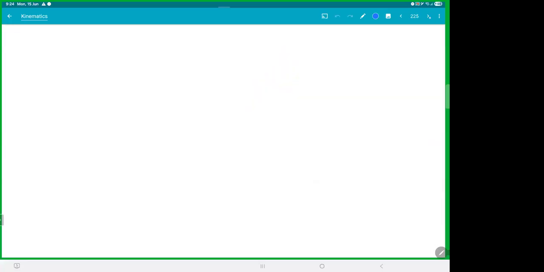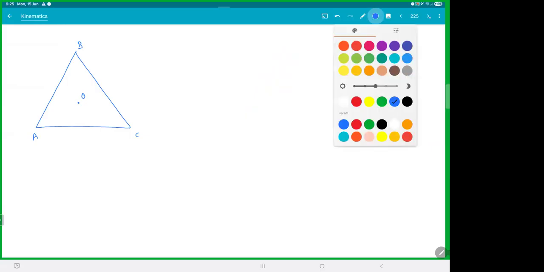Now, coming back to the picture again. Since it always forms an equilateral triangle, A, B, and C, I know they're going to meet at the centroid.